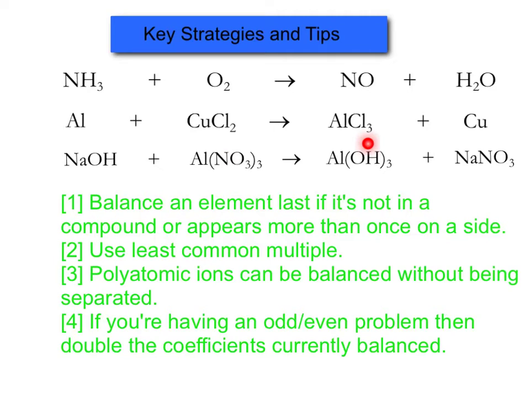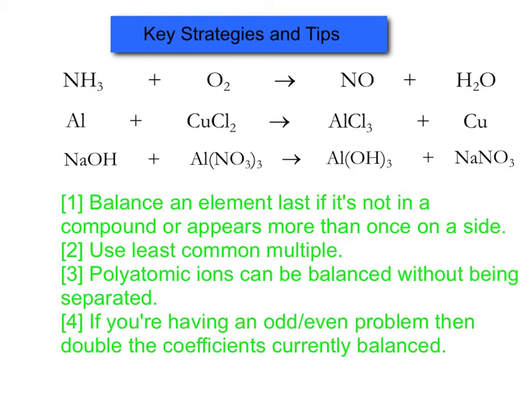So in the third equation, you can see here we have NO3 appears on the left side of the equation, and it's still intact on the right side of the equation as NO3, and so we can just use that as one item and balance the NO3s. The last strategy about having an odd-even problem, I'll elaborate on a little bit further when we try to work on balancing the first equation.